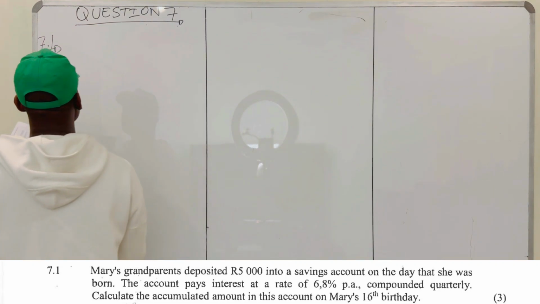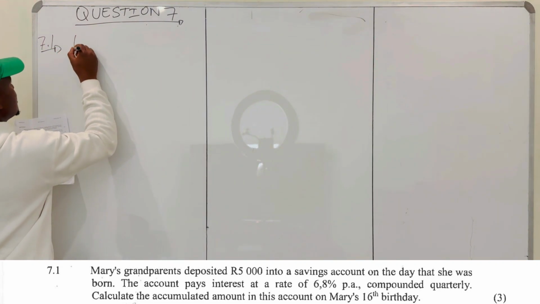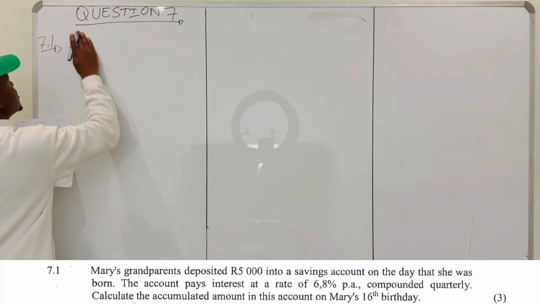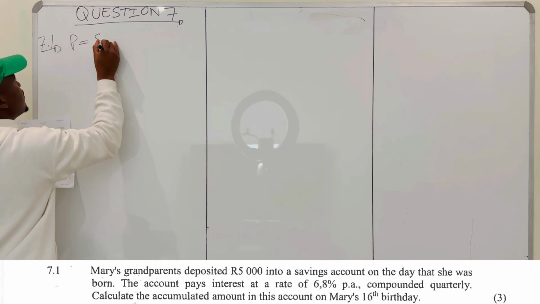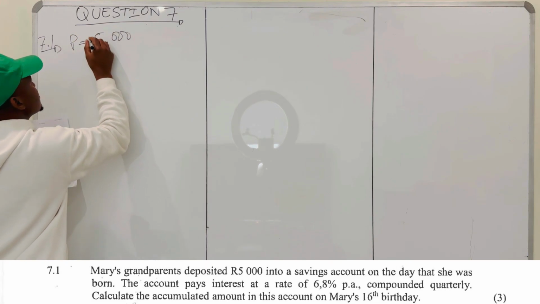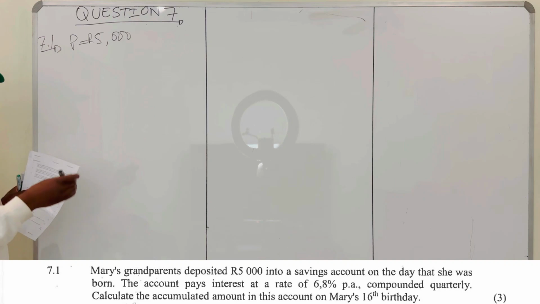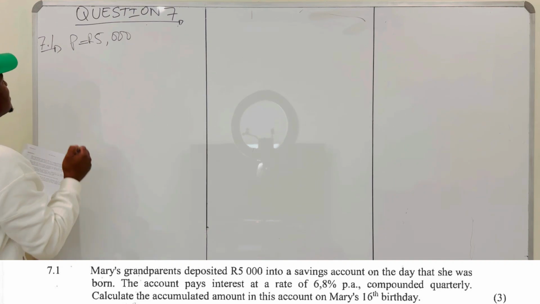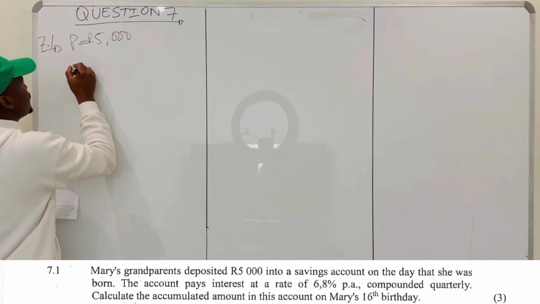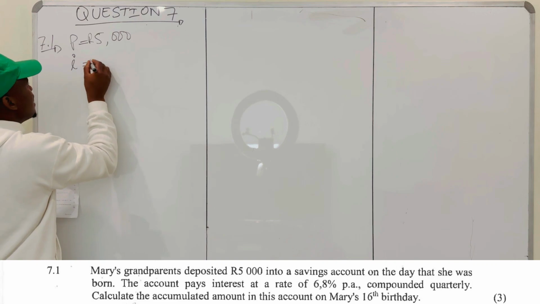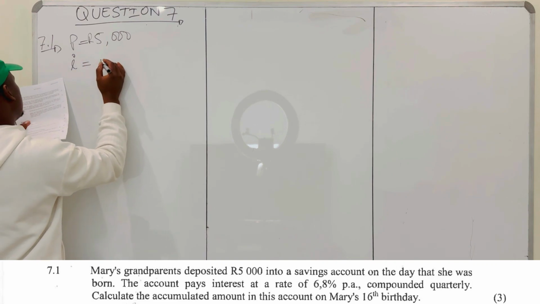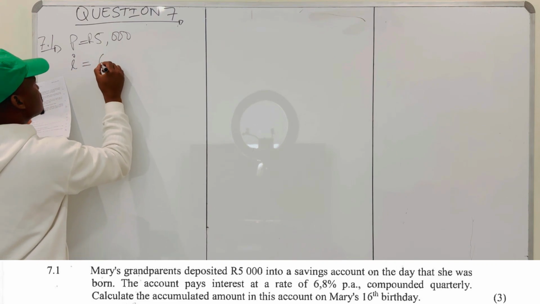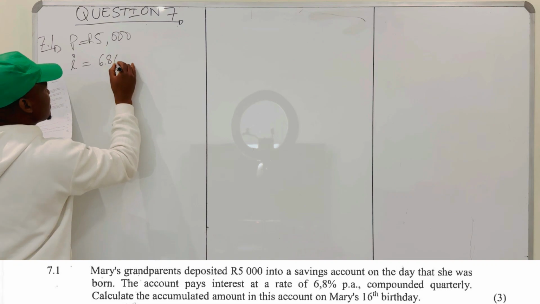So, we have Mary's grandparents. They deposited how much? They deposited 5,000 into a savings account on the day that Mary was born, right? And this account earns interest of 6.8%, right?